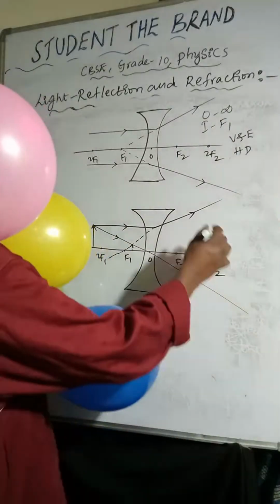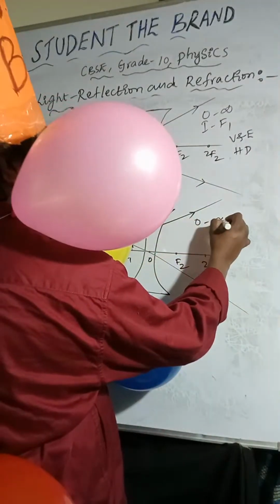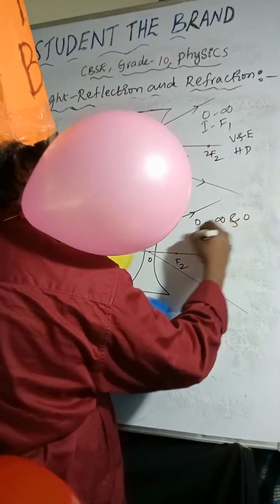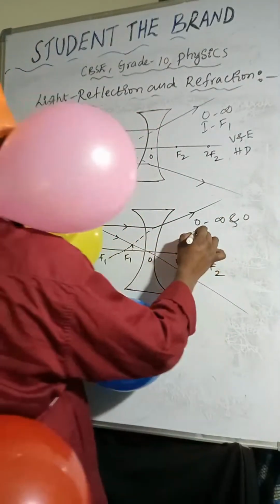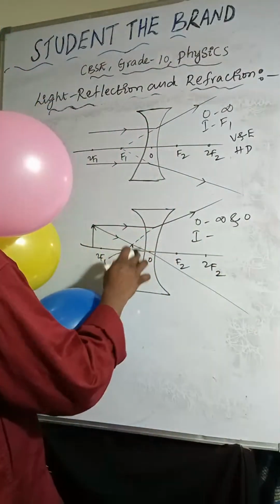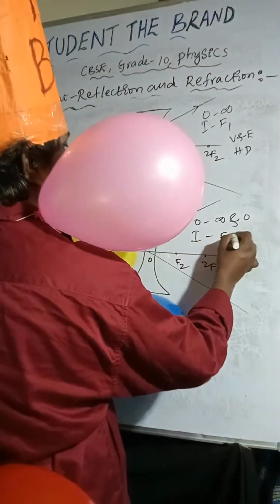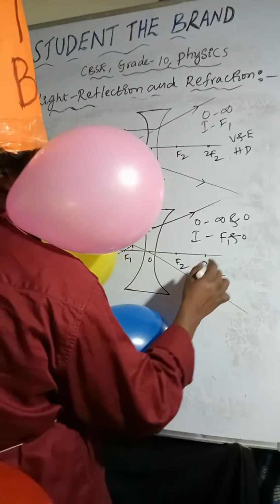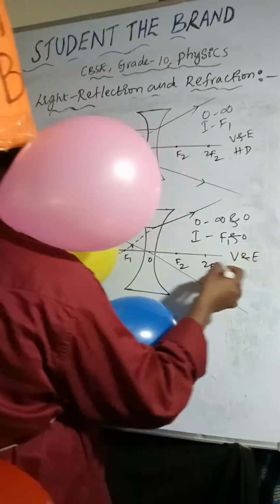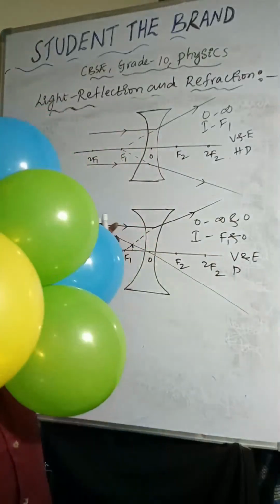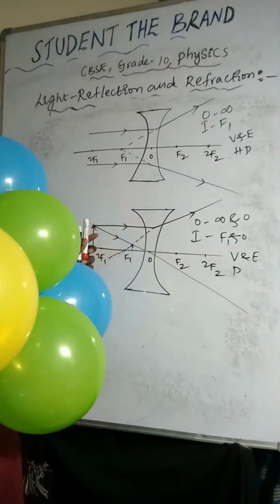The object is placed between infinity and optic center. The image will form between F1 and O. The nature of the image is virtual, erect, and diminished. In these two cases, you can observe very important conditions.